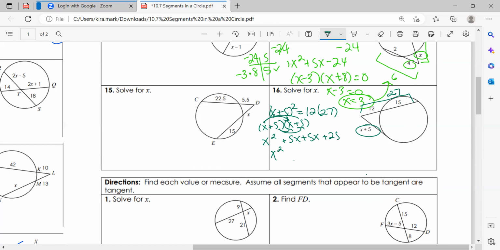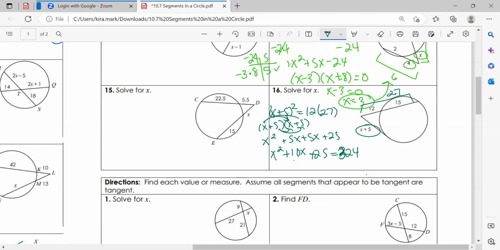You actually double distribute. What does the square mean? It means it's multiplying by itself. The more you know. Add 25. And that is equal to 12 times 27. 324. Well, there we go.